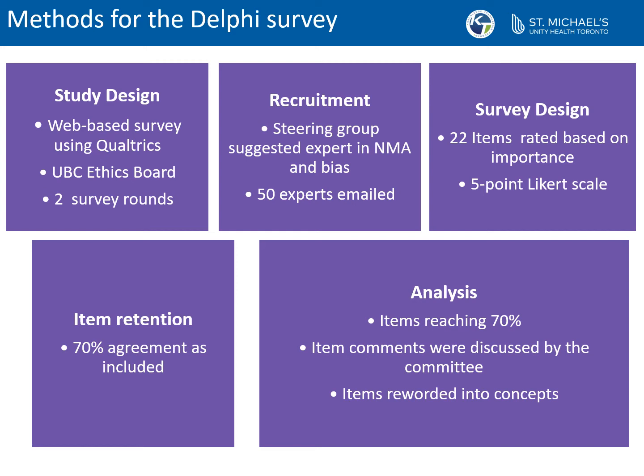The survey contained 22 items rated on importance using a 5-point Likert scale, and items were included based on 70% agreement among Delphi respondents. Item comments were discussed by the committee, and items were finally reworded into concepts.